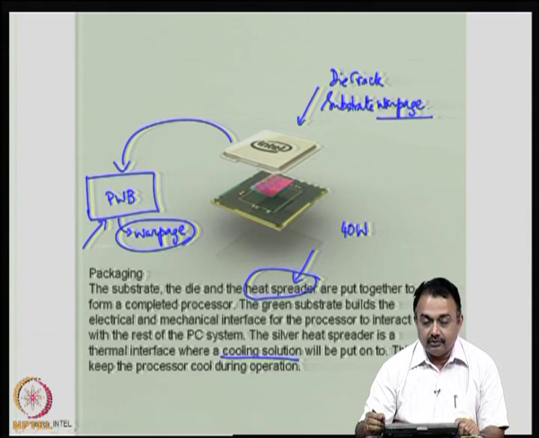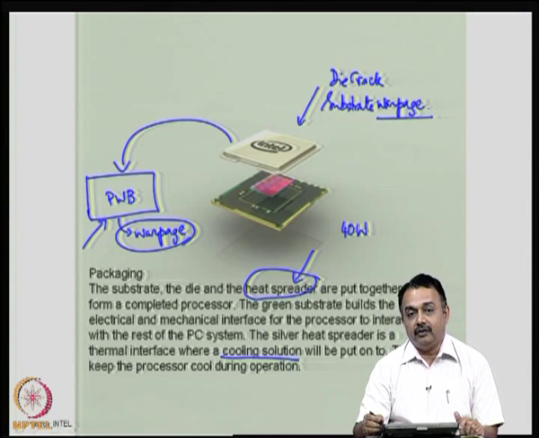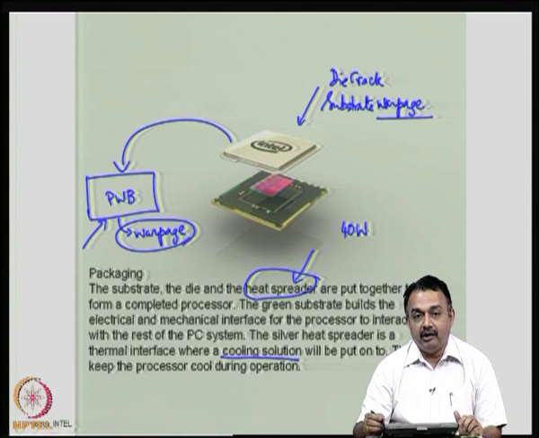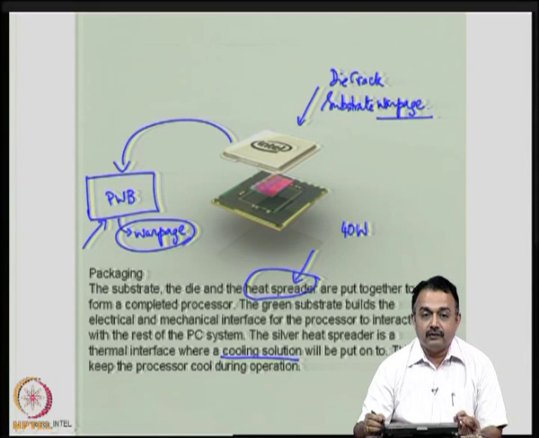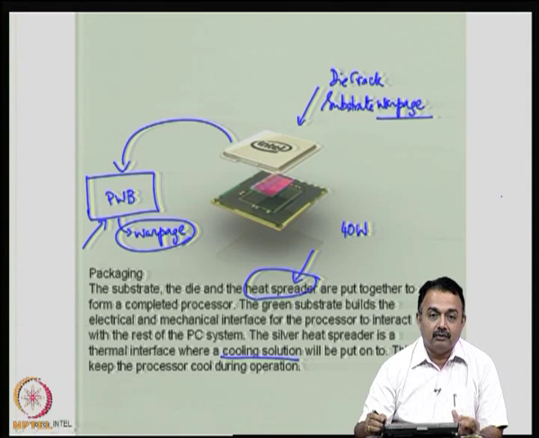So, these are issues that a packaging engineer will have to take care of when you look at materials that you choose for packaging a die, including the thickness of the heat spreader and the heat spreader material that you are going to use. The heat spreader material can be metallic, it can be a plastic material too. So, all that is required is a good thermal conductivity that can remove the heat quickly from the surface of the die.